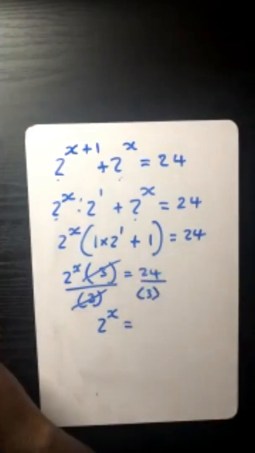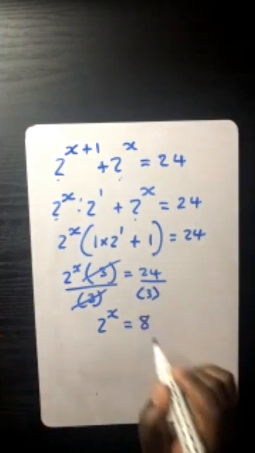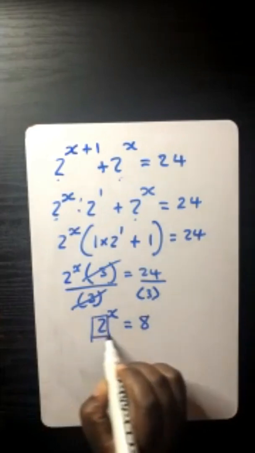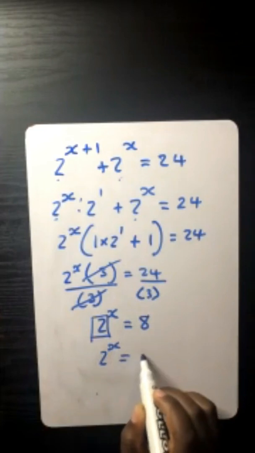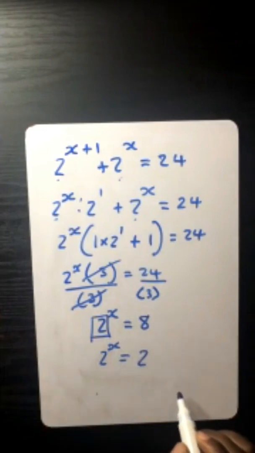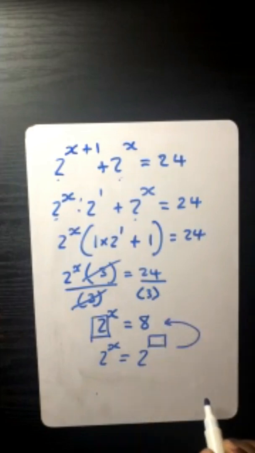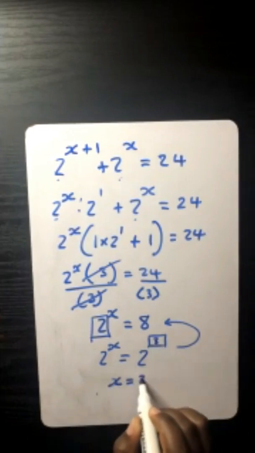Let's see, 24 divided by 3, this is 8. And you see, that base serves as a guide to say possibly on the right side you can have 2 to the exponent something to give you 8. So what is that something? Obviously it is 3, we know. Therefore, x is equal to 3.